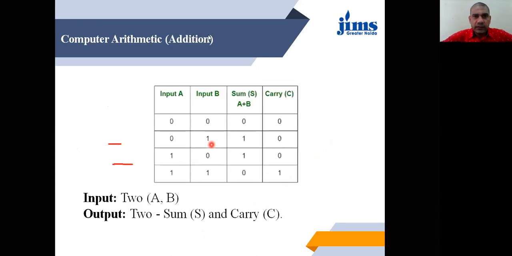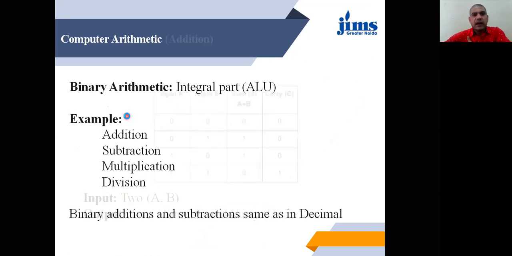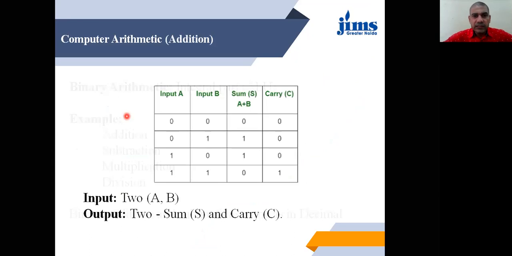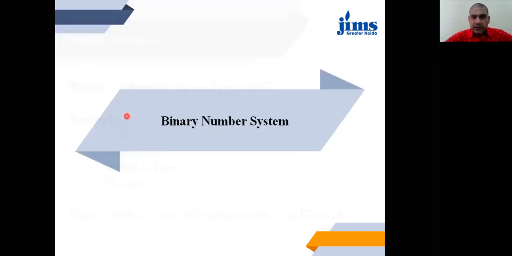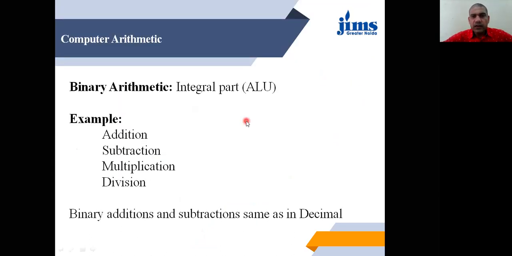So let's start from here. As we know, the arithmetic and logic unit operates on binary numbers. So this is the ALU, as we saw in the very first diagram of the central processing unit, CPU.